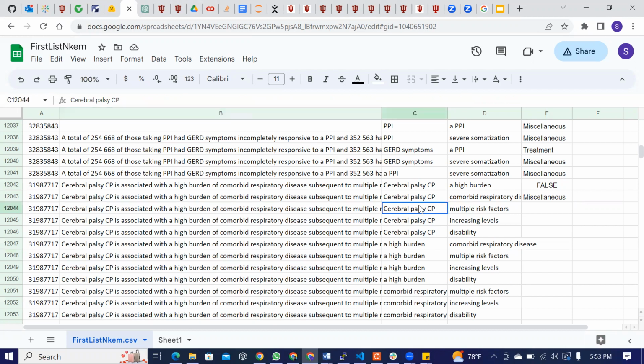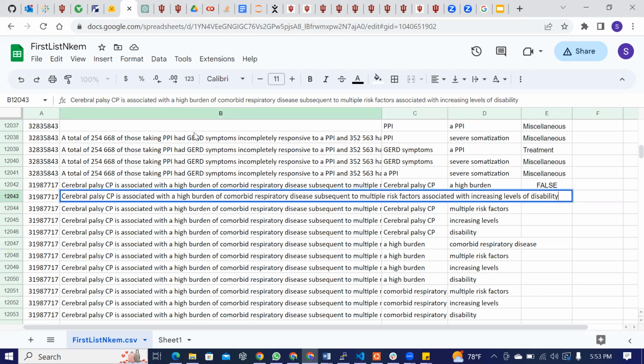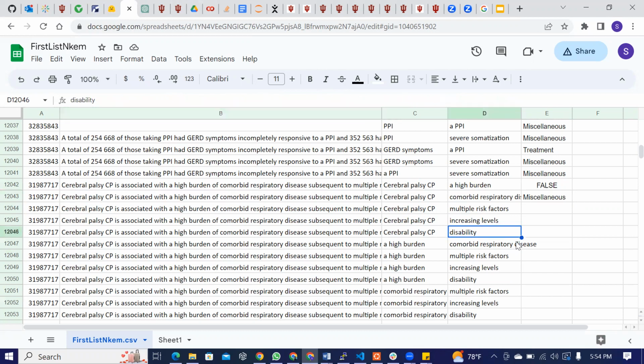Is this cerebral palsy? No. You see, it is respiratory disease that is having multiple risk factors, not cerebral palsy. So please false it. Increasing levels, false it. Disability.